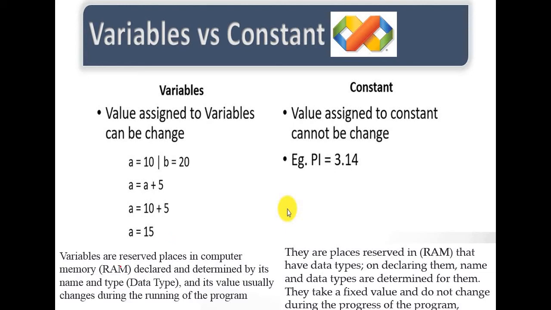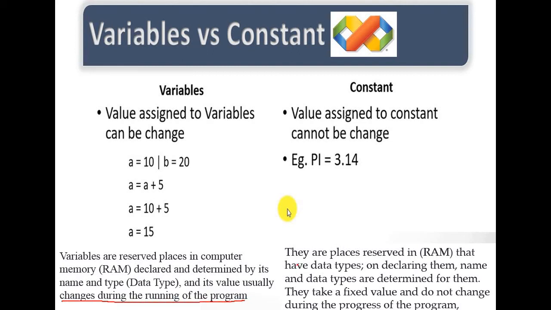So variables are reserved places in computer memory, the RAM. We can declare them, so they are declared and determined by their name and type. This is the data type that we studied, and its value usually can be changed during the running time of the program.